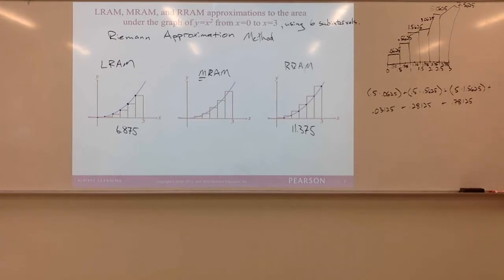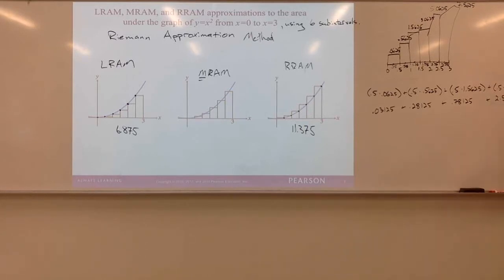I'm seeing a pattern. What's the pattern? They all end in 125? Yup. So then 0.5 times 3.0625, which is 1.53125.